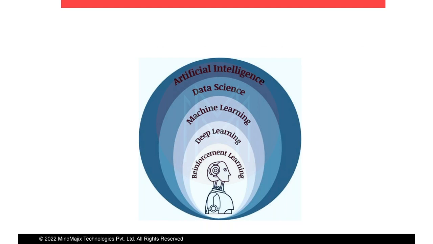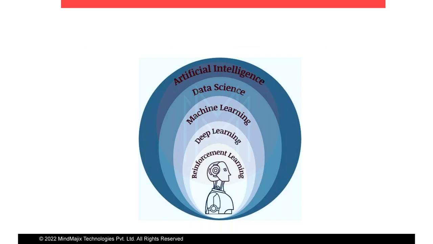AI is inanimate objects such as machines, robots, etc., with thinking capability to perform human-like activities. Then those objects are called AI objects or AI applications.